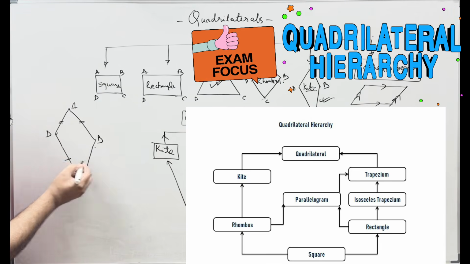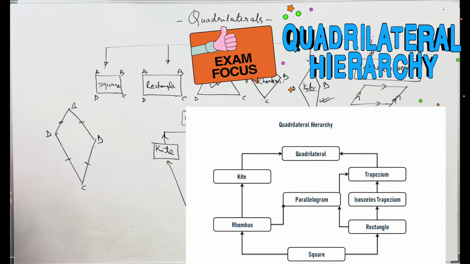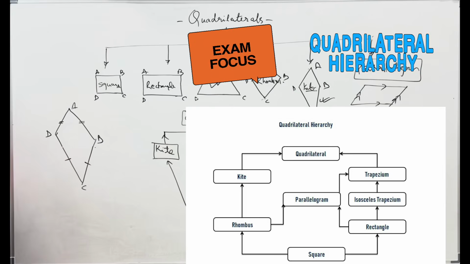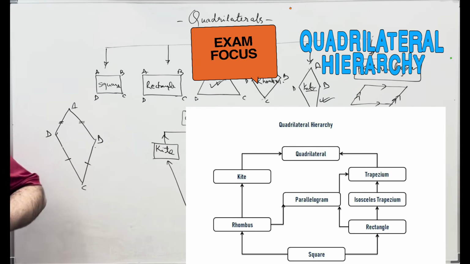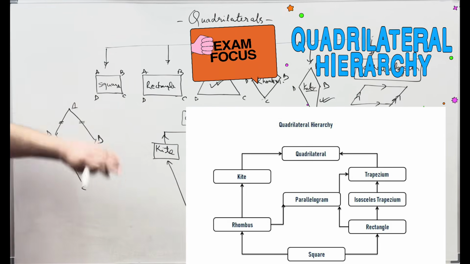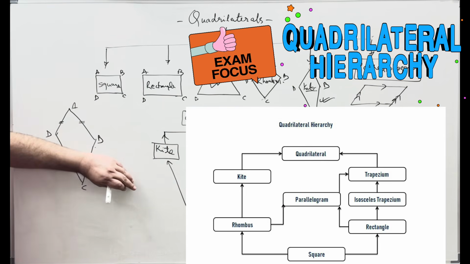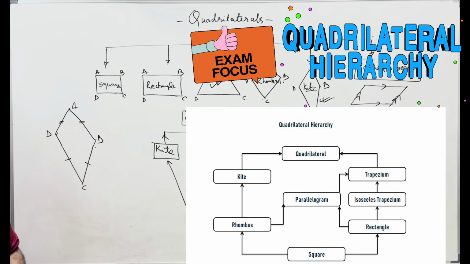We are considering this and this separately. Once we have taken these two sides, the other two sides are equal.